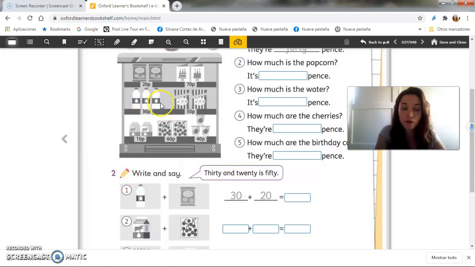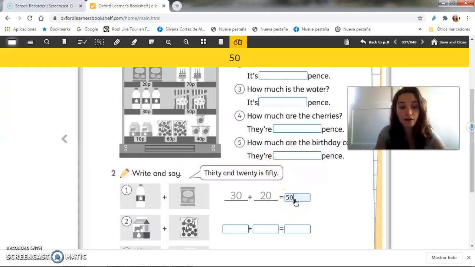Si nos fijamos arriba, sale 30 centavos. And the crisps, las papas, they are 20 pence. Salen 20 centavos. So, 30 and 20 is 50. Este es el resultado, 50.